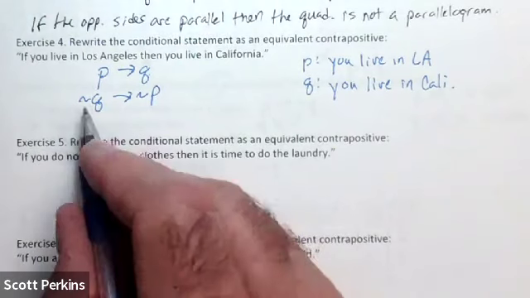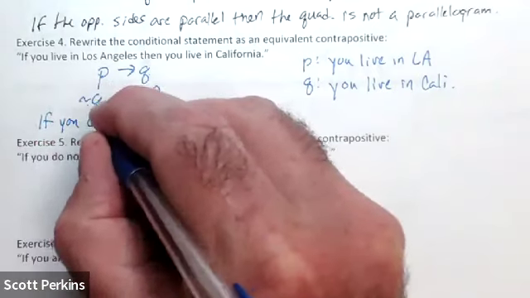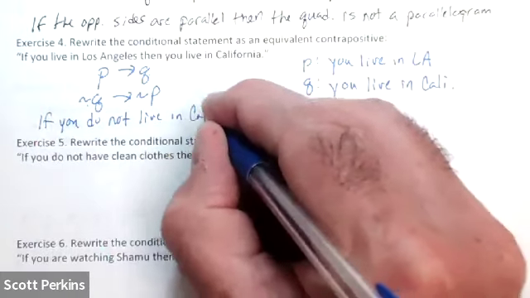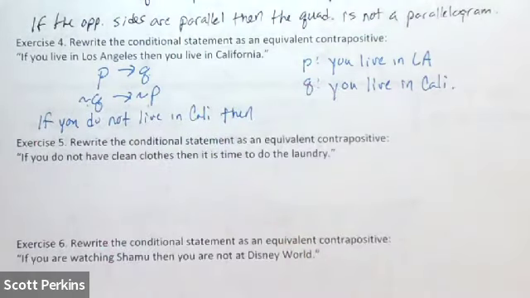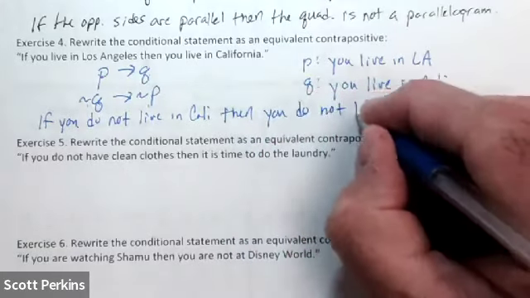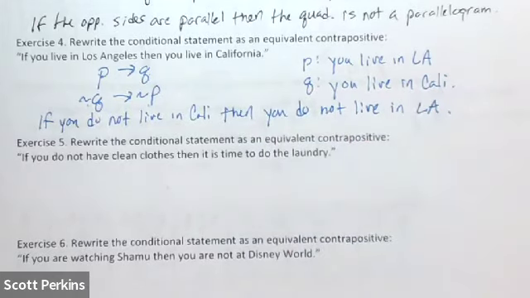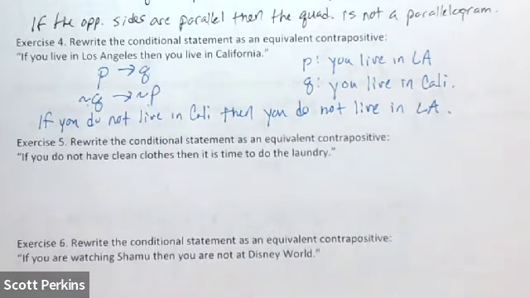And so that says, if you do not live in California, then squiggly P, you do not live in LA. Those two statements, the first one and the one we just wrote, are logically equivalent.